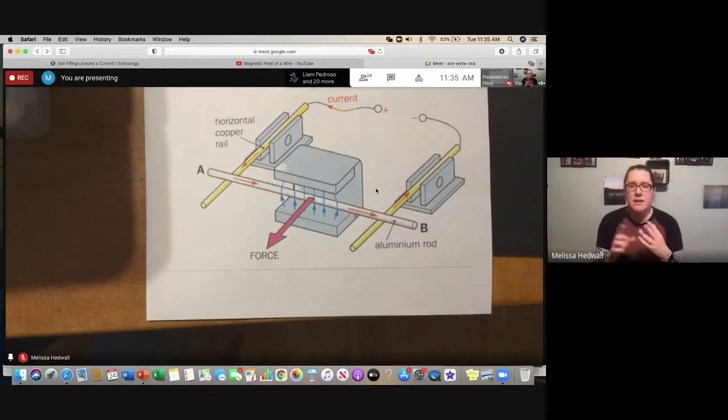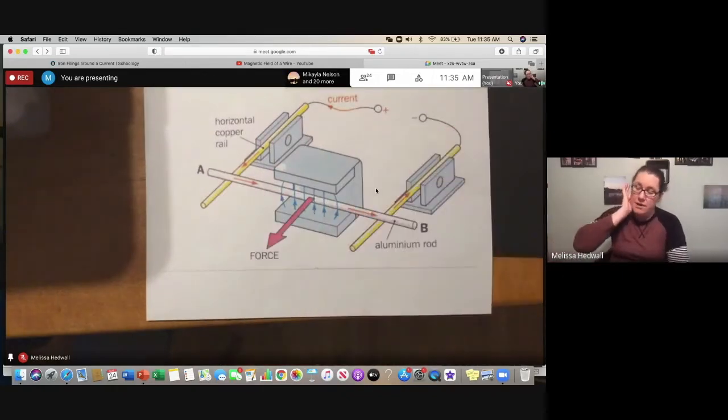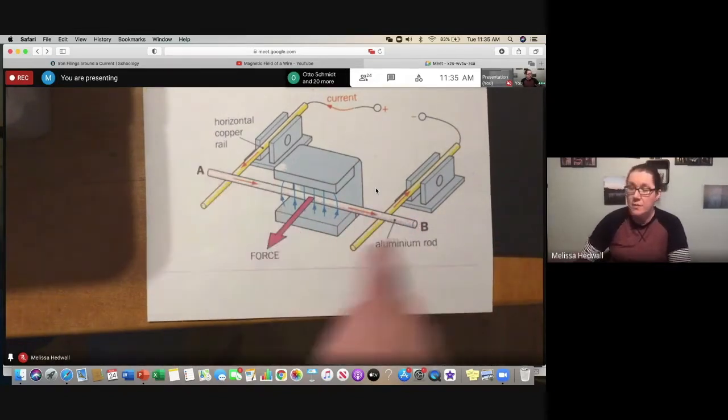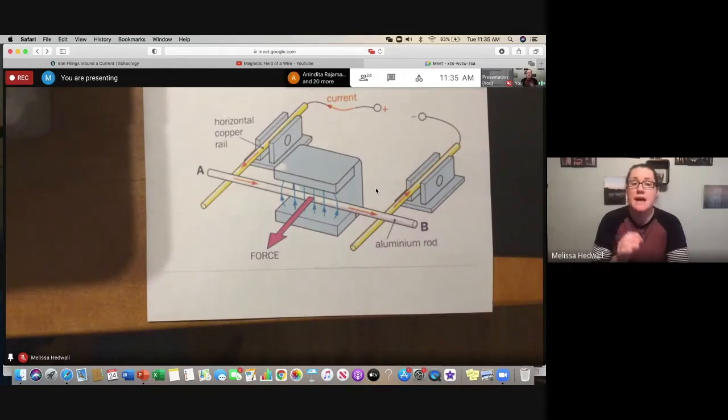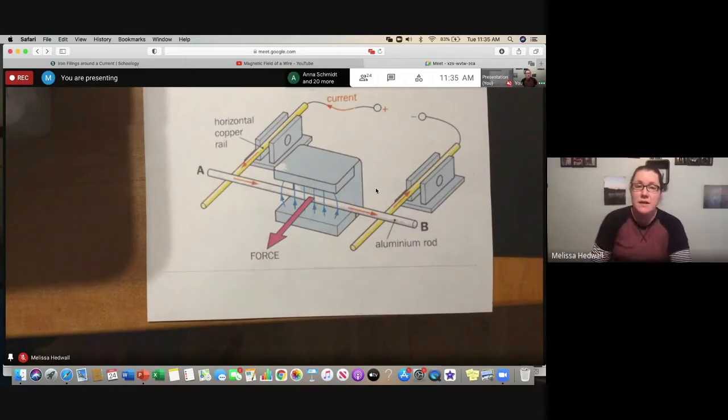So they can work to show this without having other levels of magnets working in with it. You have a current that's going through here. It's coming through and it's going around. That current creates a magnetic field around the aluminum rod here. And because that rod is in a fixed magnetic field, those two magnetic fields will interact and create a force on that rod.